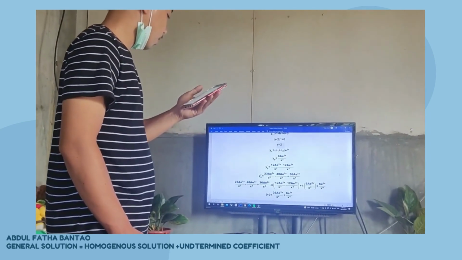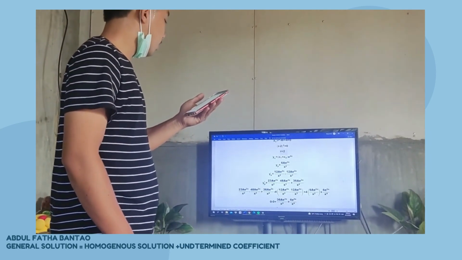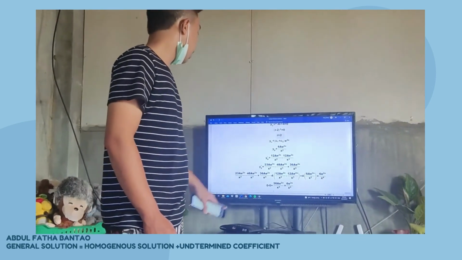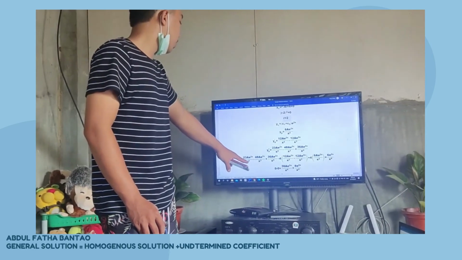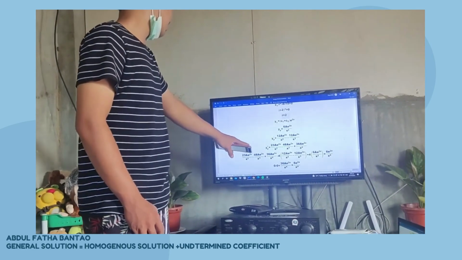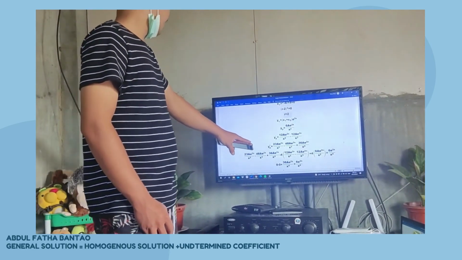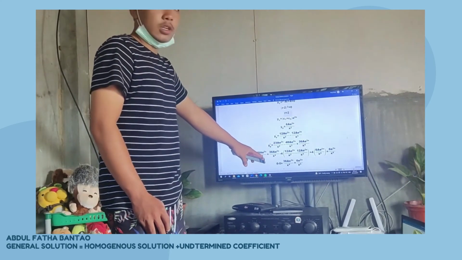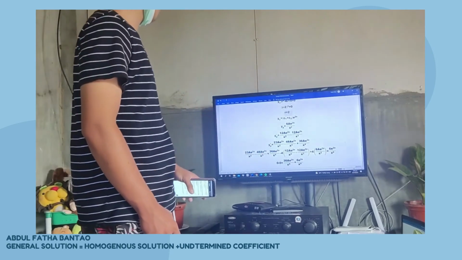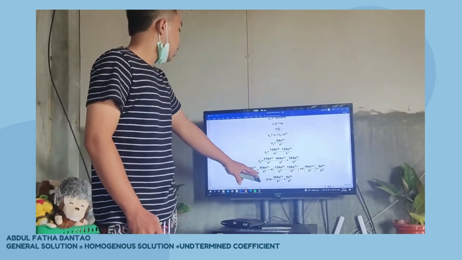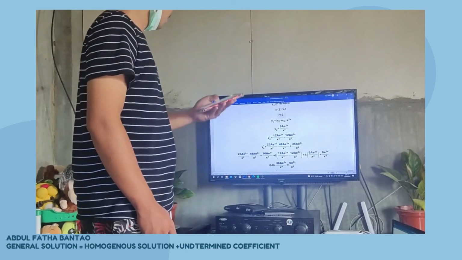Then we'll substitute the values into the original equation: 23a e to the power of 2x all over x squared minus 48a e to the power of 2x all over x cubed plus 36a e to the power of 2x all over x to the 4th, minus 4.